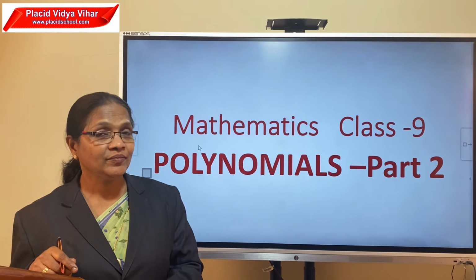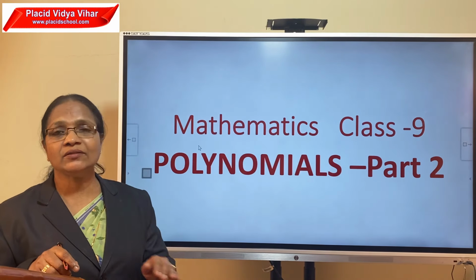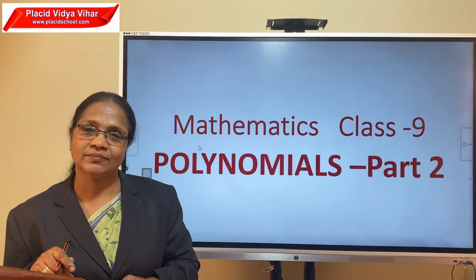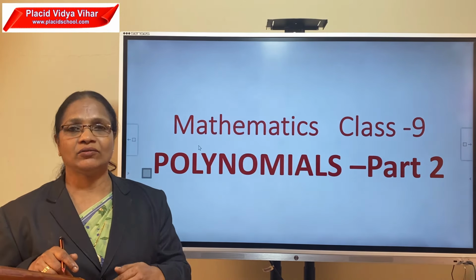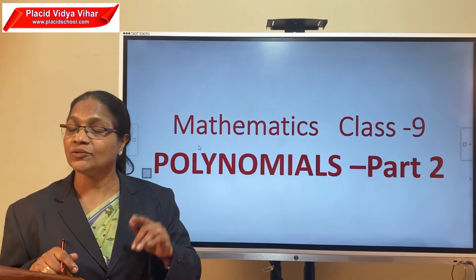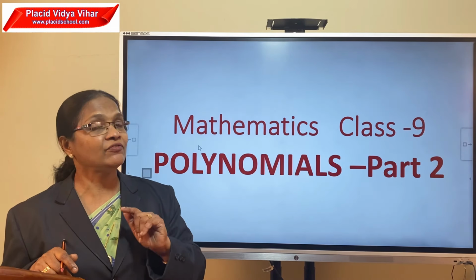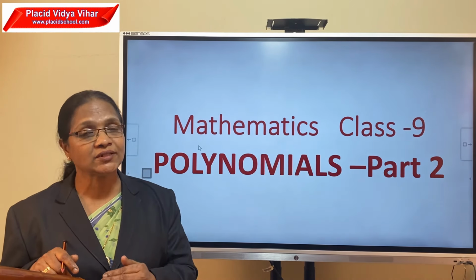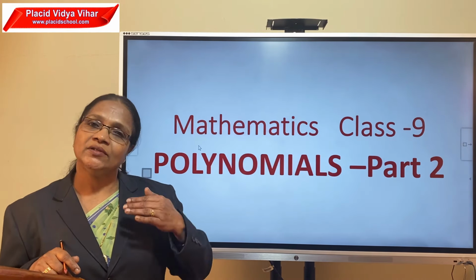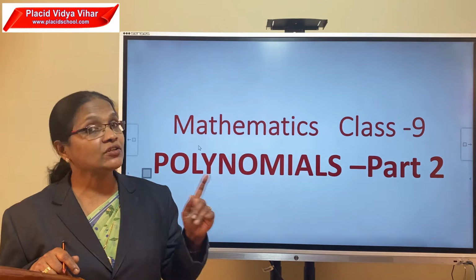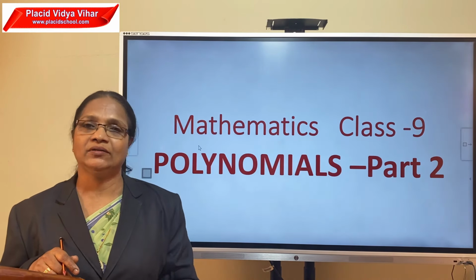Is it clear? Consider a polynomial with integral coefficients. Then the integer zero or integral zero of that polynomial must be a factor of the constant term present in that polynomial. In this case, the leading coefficient of the polynomial must be 1.